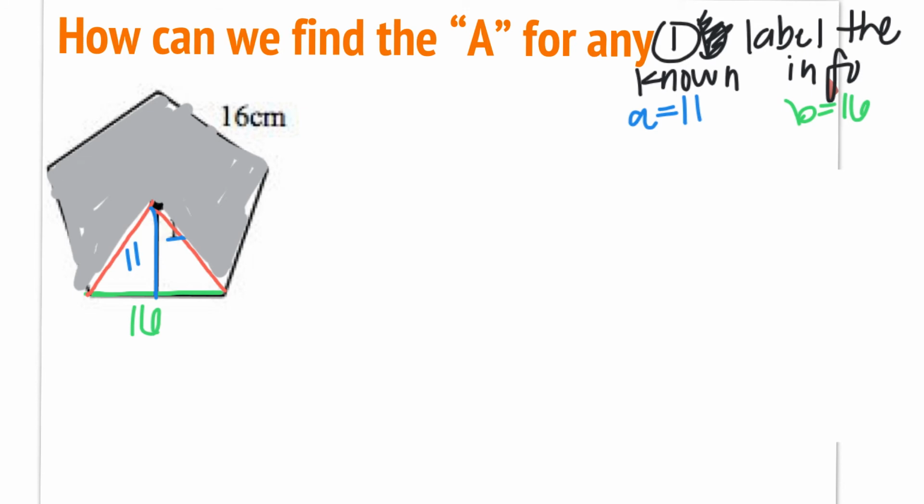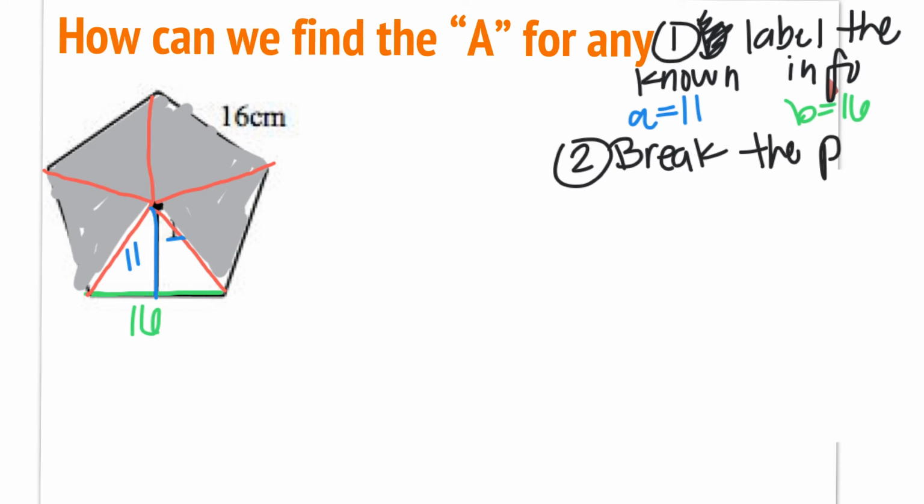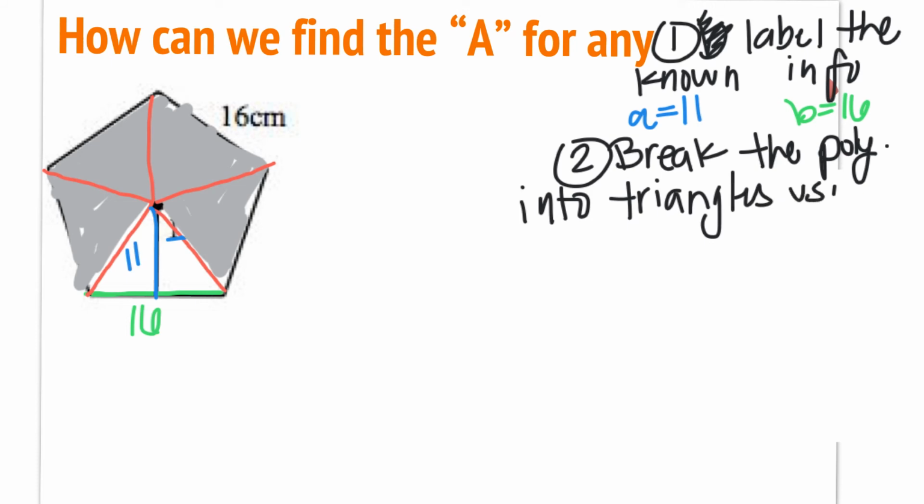The next part. Now, this is kind of what I did right now, and you see why this is important, because you can actually break this up into a whole bunch of triangles. So the next part is number 2: break the polygon, say poly, into triangles using the center.